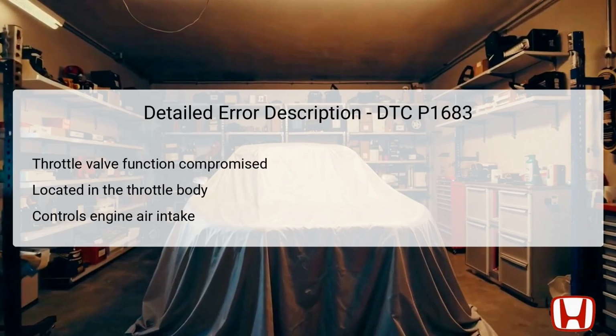The DTC P1683 indicates a performance problem with the throttle valve's default position spring. This spring is responsible for returning the throttle valve to its closed position when the driver is not applying pressure to the accelerator pedal.